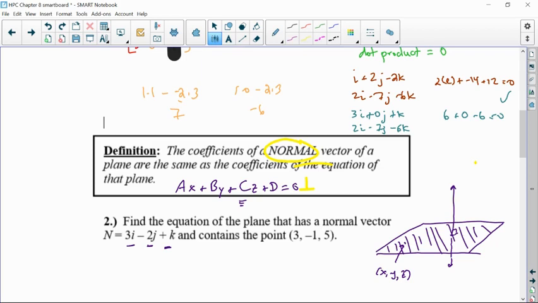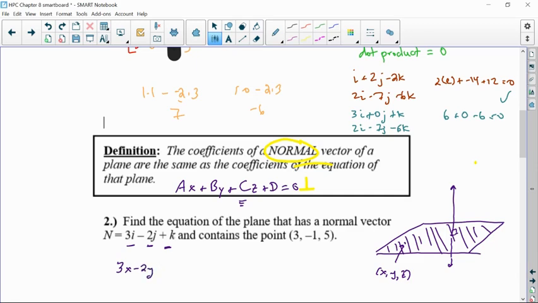And sometimes you are just given a normal vector. Like this problem number 2, it says, here is the normal vector. This particular question is more of a vocabulary question, asking whether you recognize that a normal vector has the same coefficients as the plane. So if they tell you what the normal vector is, you can pick off the 3, so 3x. You could pick off the -2, so -2y.